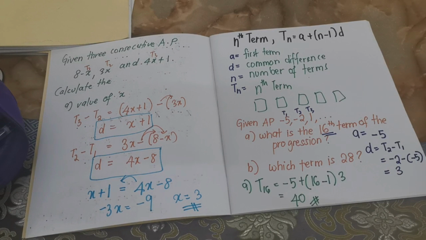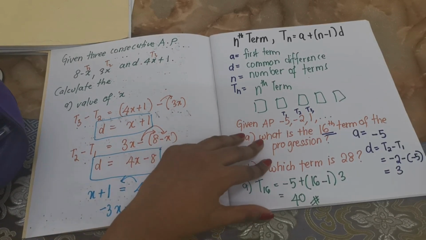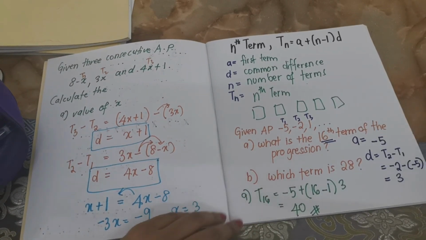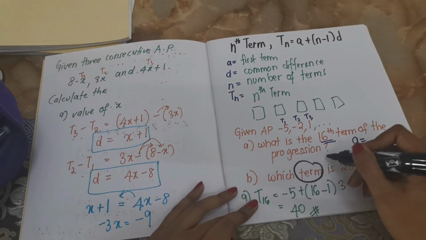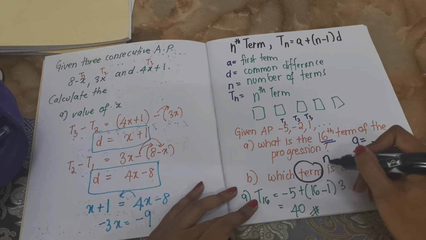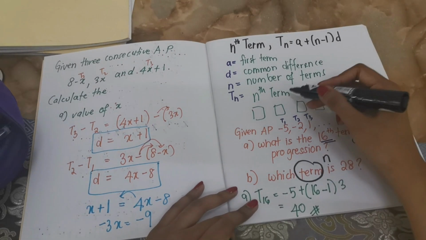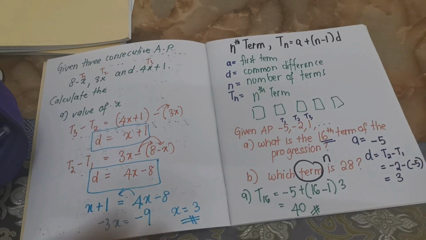For part B, which term is 28? What does this mean? When they say which term, it means that we need to find n, the number of terms. So how do we do that?